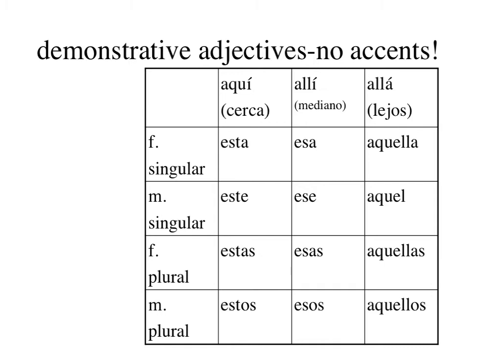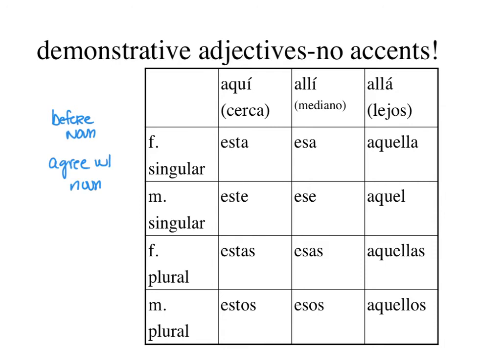So just a reminder note, these are going to go before the noun that they're describing, and as always, they're going to agree with the noun that they're describing. So in each category, we have feminine, masculine, feminine plural, and masculine plural.